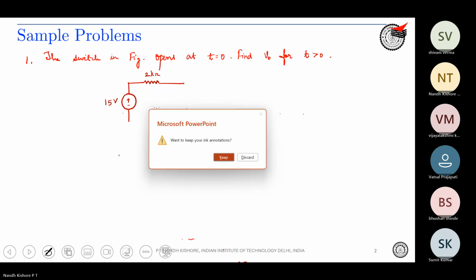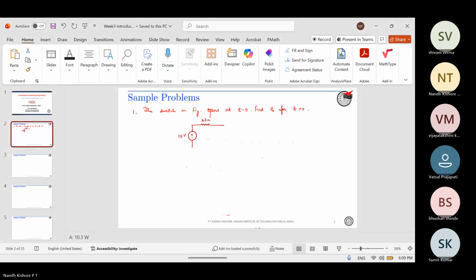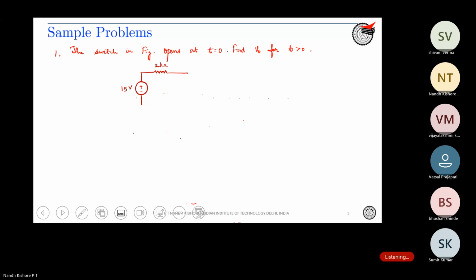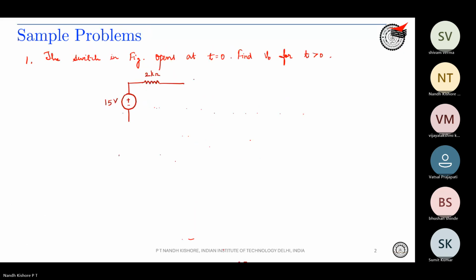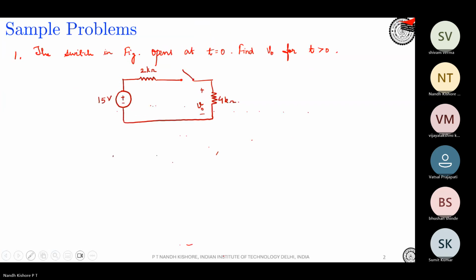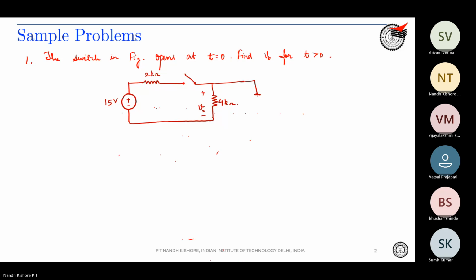This is 2 kilo ohms. This is 3 millifarad.